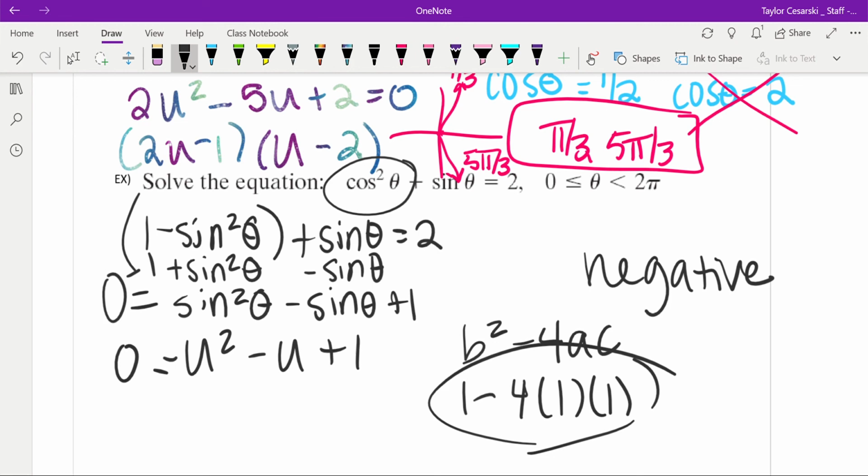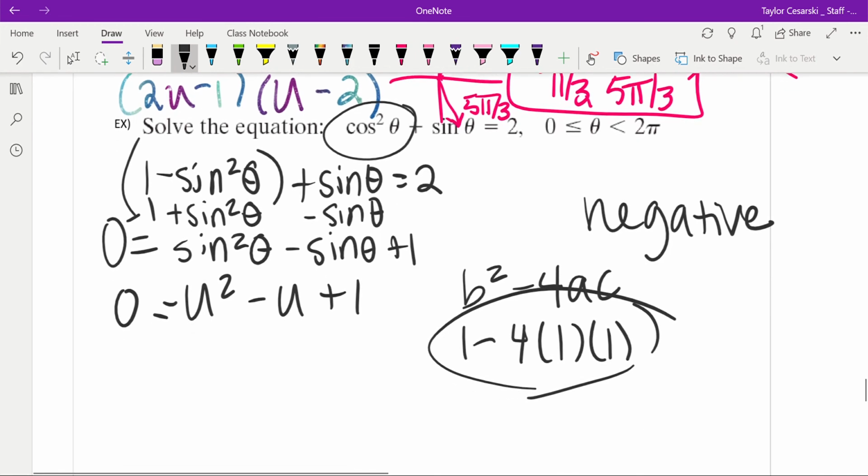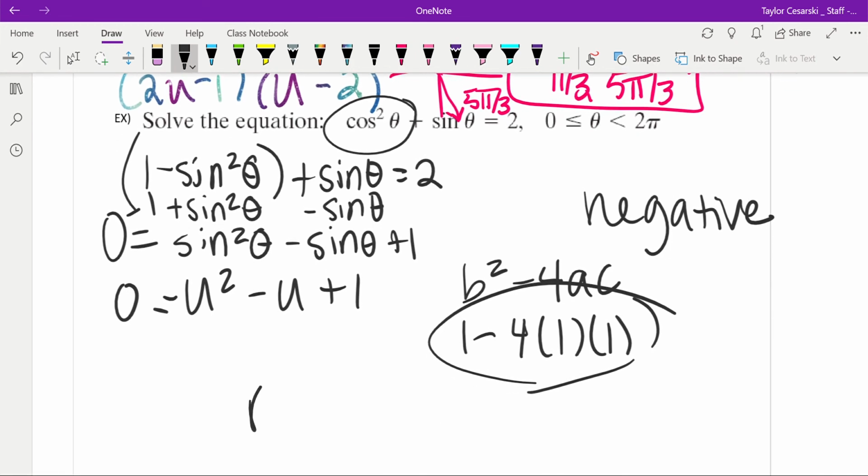Therefore, since the discriminant is negative, there's no solution, because sine squared minus sine of theta plus 1 will never equal 0. So therefore, for this one, there's no solution.